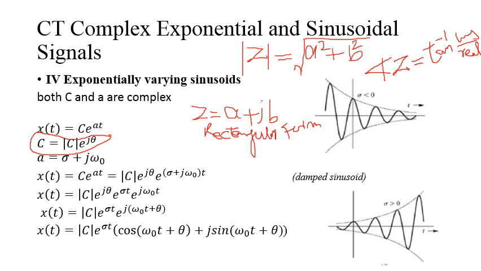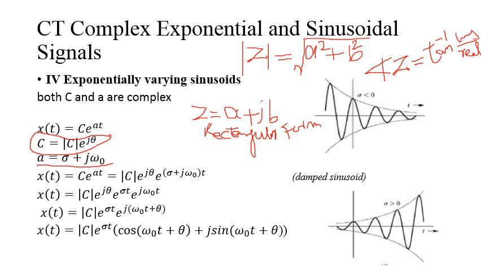Okay, so in this fourth case we say both C and A are complex. So C in the polar form is this, because complex numbers can be represented in polar form also. So this is your C. And again A is in the rectangular form, so that means we have A equals sigma plus j omega naught, and you understand sigma is the real part and omega naught is the imaginary part.